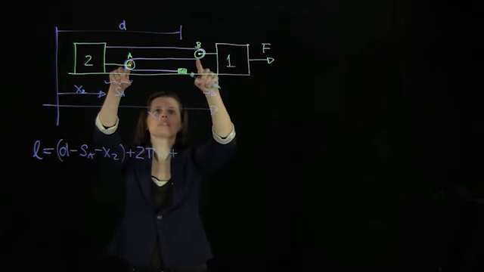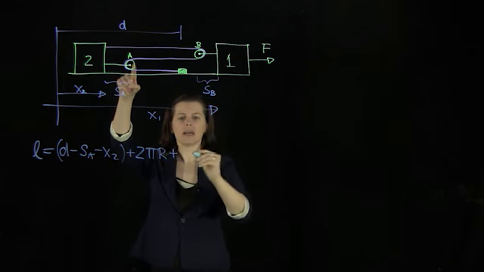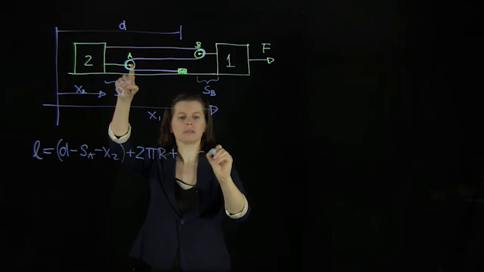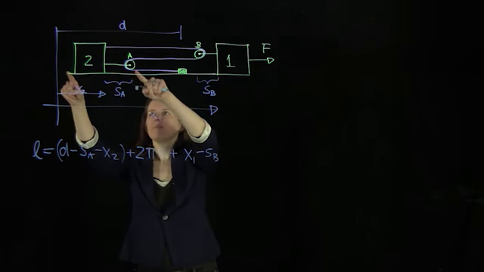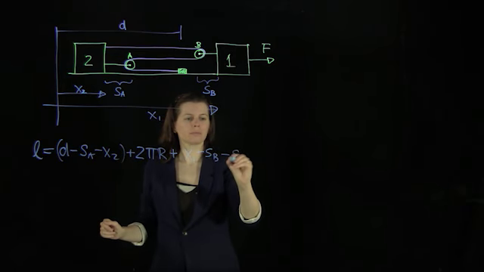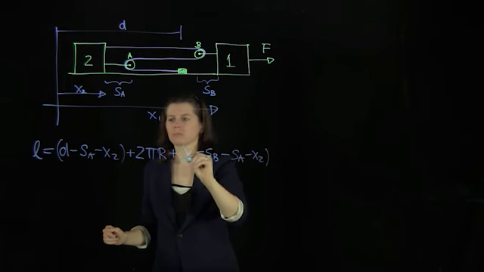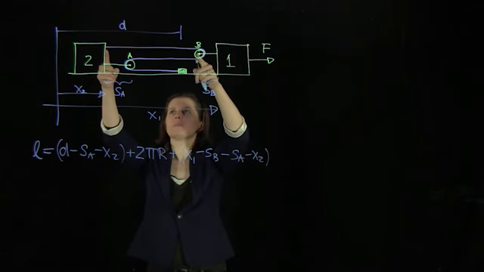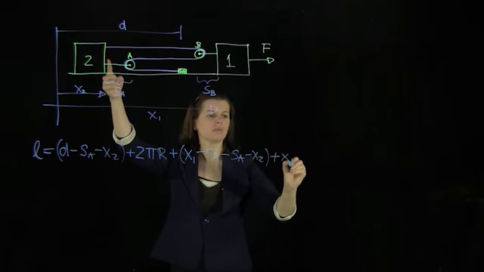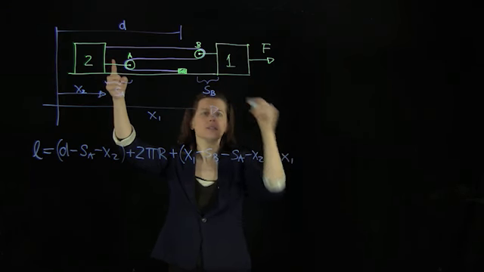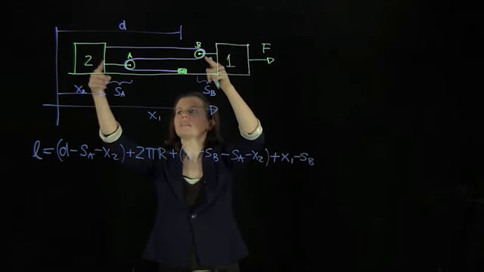And then we have this part here. That one is x1 minus SB, and then minus SA minus x2. And then finally we have this portion, and that is x1 minus SB minus x2.